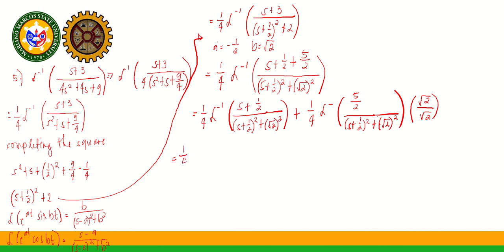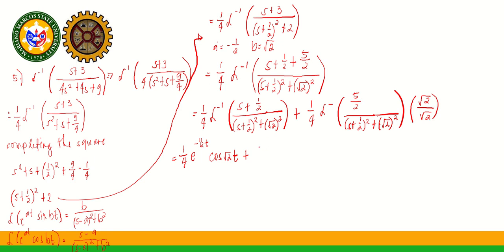Okay? So this will be equal to, sulat na natin yung equivalent niya. This is 1 over 4 e raised to that one. A is negative 1 half. Negative 1 half t cosine square root of 2t. Okay? Plus, ang gagawin naman natin dito is to isolate yung mga constant natin. And ang matira lang dito is this one, square root of 2.